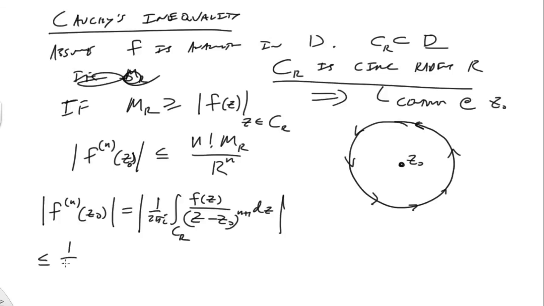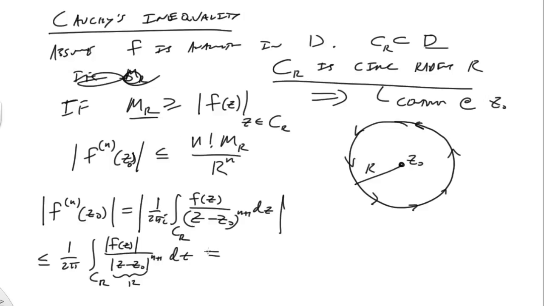That becomes 1 over 2 pi, because the modulus does its thing, times the integral on CR of the modulus of f of z over the modulus of z minus z naught to the n plus 1 power dt, where dt is now that arc length segment. So we know that this right there, that's R, because everywhere on this integral it's going to be radius R. And we know that the numerator is always going to be bounded by MR.